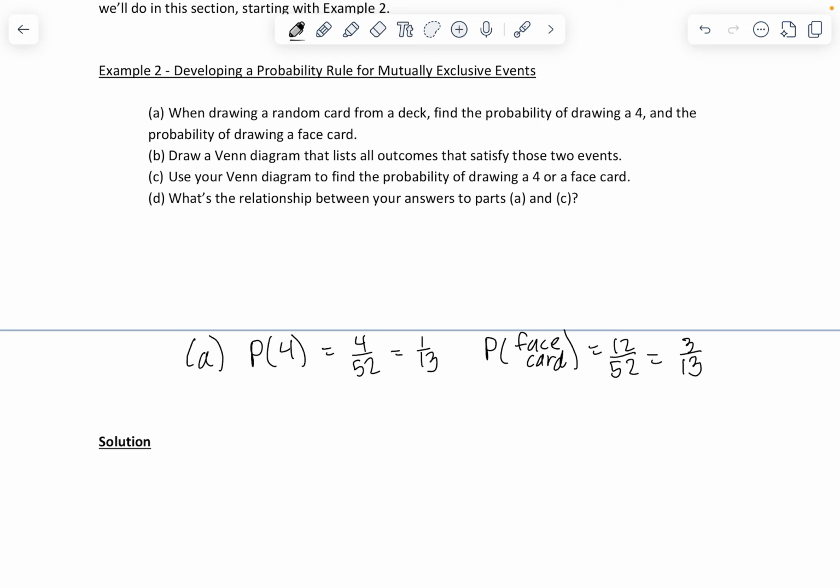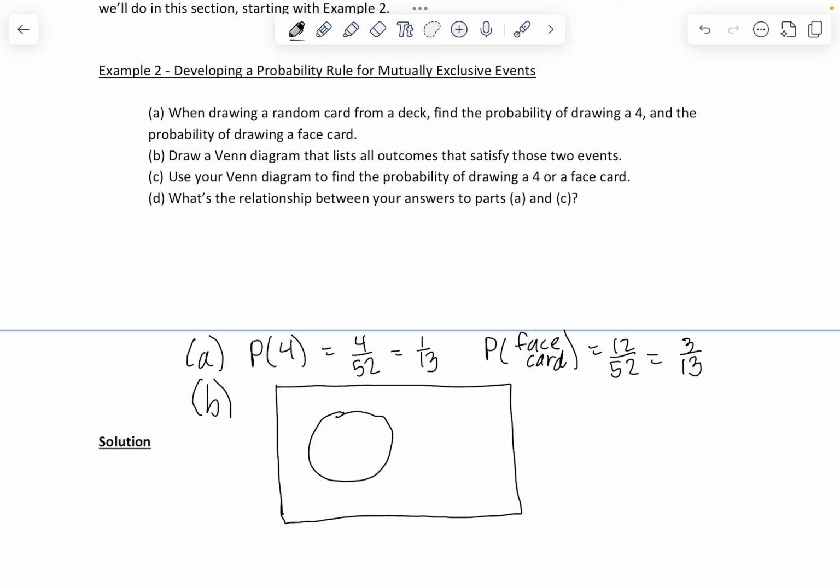Part B here. Draw a Venn diagram that lists all outcomes that satisfy these 2 events. So one event is drawing a 4, the other event is drawing a face card, right? If I were to draw a Venn diagram, we have 2 events, so my Venn diagram would have 2 circles.